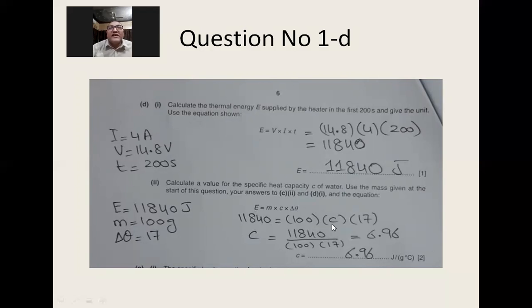The small c, I want to find out, that's the specific heat capacity. Change in the temperature is 17. So c will be equal to 11840 divided by 100 divided by 17, and you will get the answer 6.96. So 6.96 joules per gram per degree centigrade is the specific heat capacity.